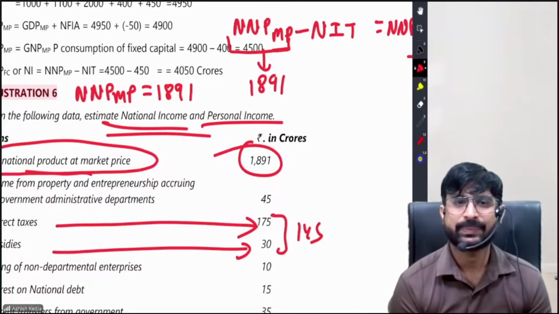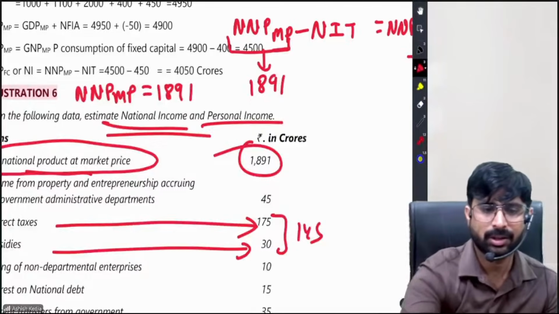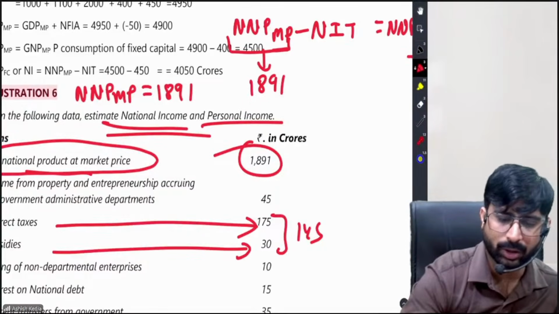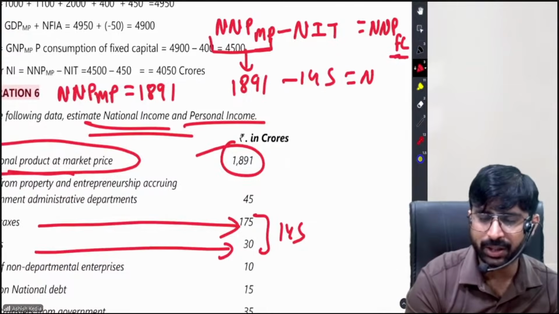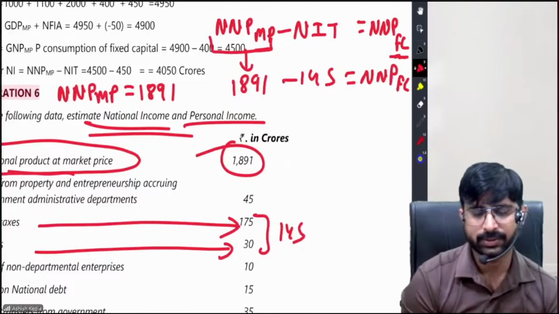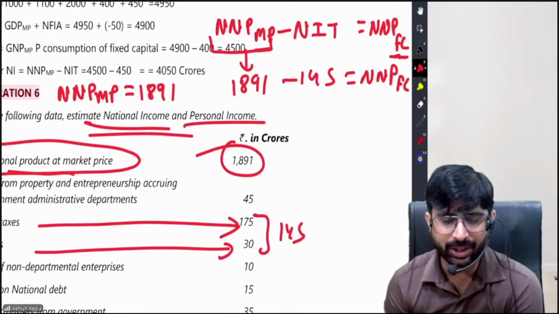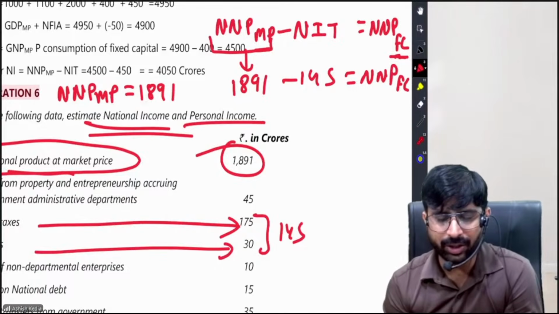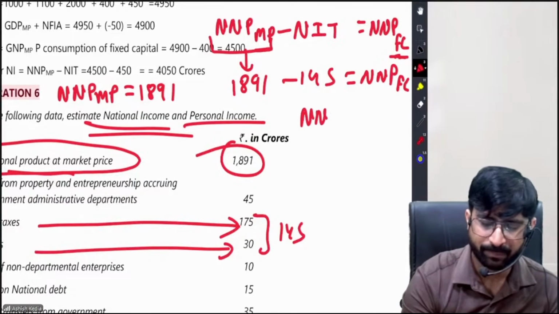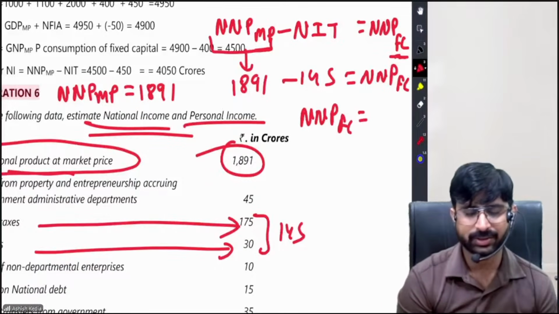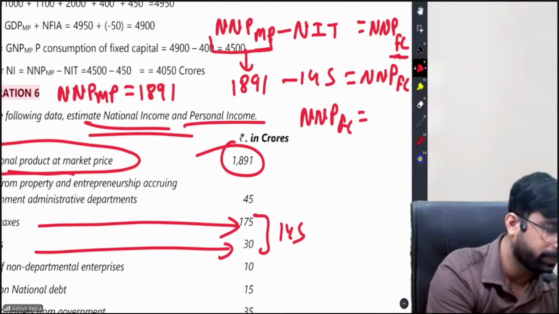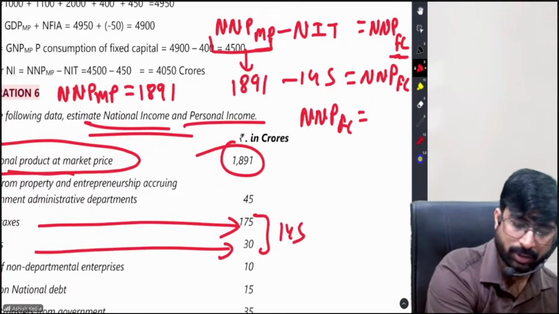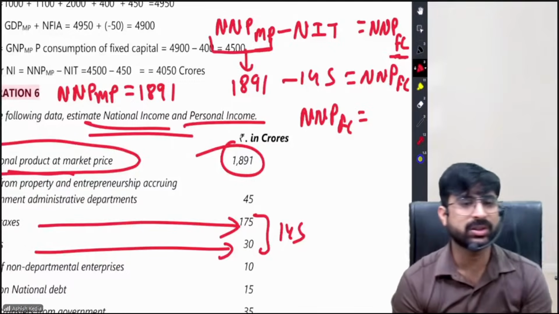So class, if you are deducting 145, you are getting NNP at FC. So 1891 minus 145. How much is it, friends? It's 1746.